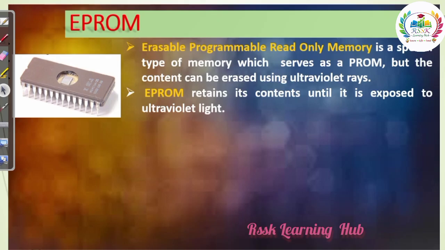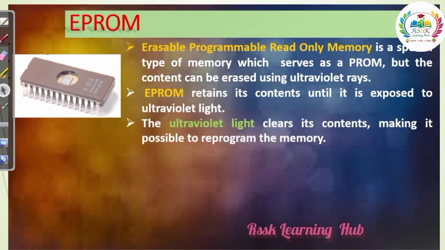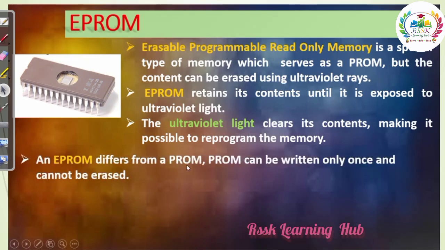If you want to reprogram a particular chip, you can reprogram using EPROM. How does it differ from PROM? PROM can be written only once and cannot be erased, but in EPROM you can erase the content. That is the main difference.